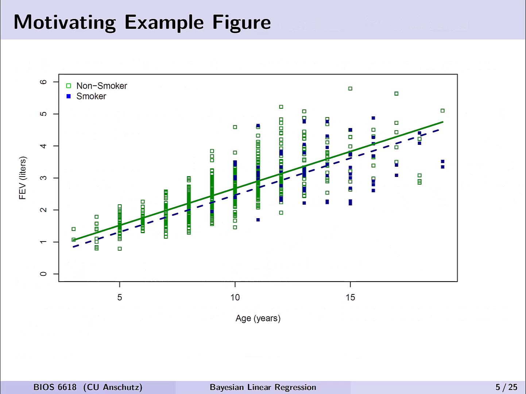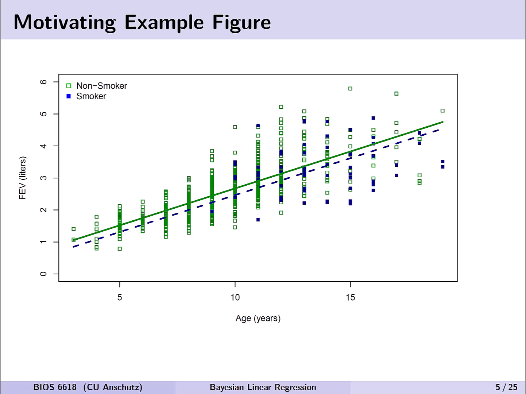As a refresher of this data set, we have a little scatter plot here where the green open-faced squares are non-smoking individuals and the solid blue squares are smokers. A few things to highlight here that you also may distinguish from our effect modification or interaction lecture. Here we're looking at a multiple linear regression model without an interaction for simplicity.